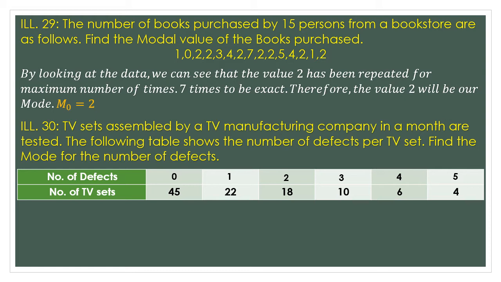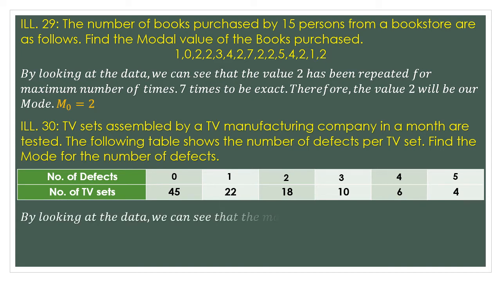Now for a discrete frequency distribution, what is mode? The value which has the maximum frequency is the mode for the discrete frequency distribution. So just look at the row of TV sets, that is the frequency, and which value is the maximum there? 45. So what is the number of defects for 45 TV sets? 0. So our mode here is 0.